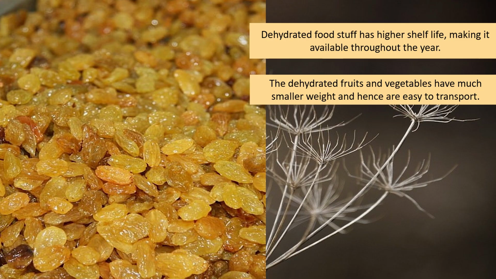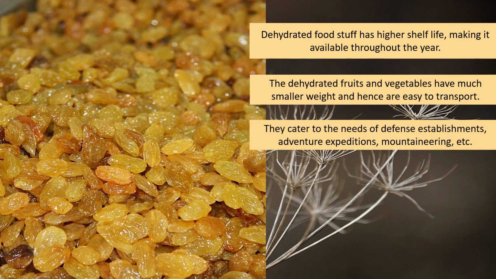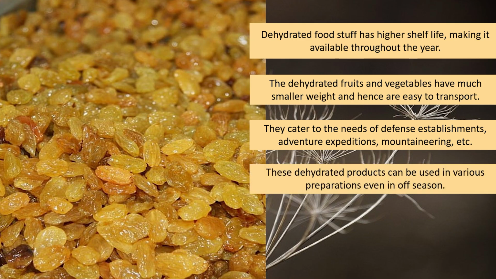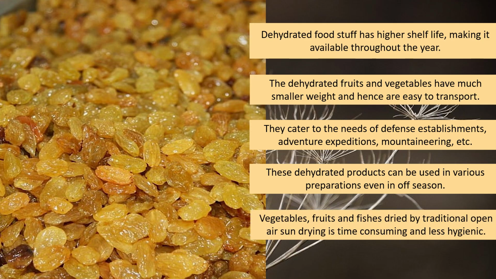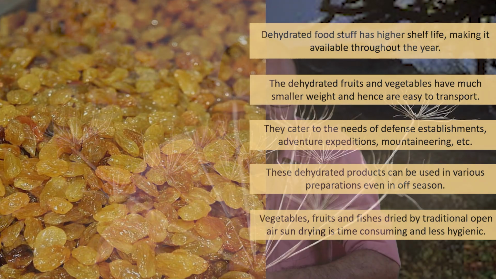They cater to the needs of defence establishments, adventure expeditions, etc. These dehydrated products can be used in various preparations even in off season. Vegetables, fruits and fishes dried by the traditional open sun method is a time consuming and less hygienic process.